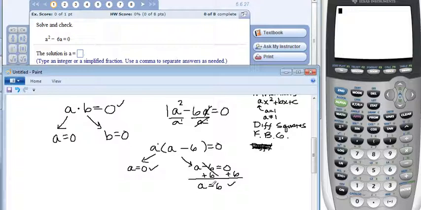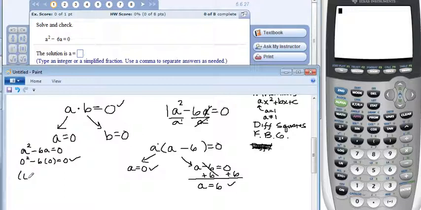All right, so let's try these. Let's do a couple things here. First of all, here's my original, A squared minus 6A equals 0. Let's put a 0 in for A. 0 squared minus 6 times 0 is equal to 0. Well, sure, 0 squared is 0. 0 minus, and 6 times 0 is 0, so 0 minus 0 is 0, so that one works. Let's try the 6.